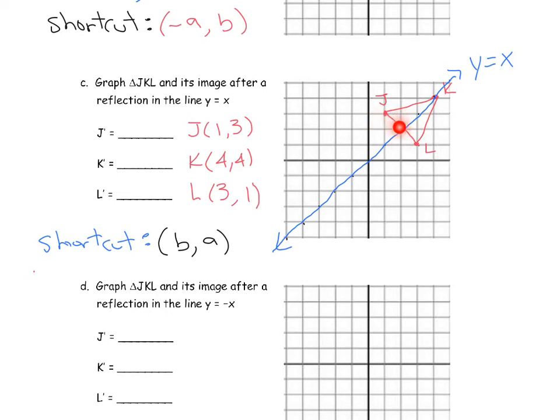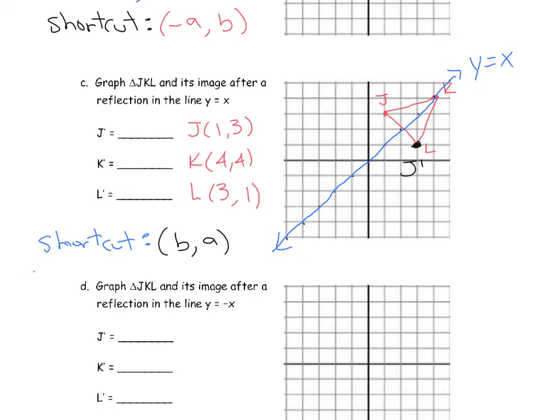So I would follow the exact same thing going the opposite direction to find J prime. So from the line, I would go then instead down one, right one. So, well, coincidentally, it becomes exactly where L is. So that now becomes J prime.